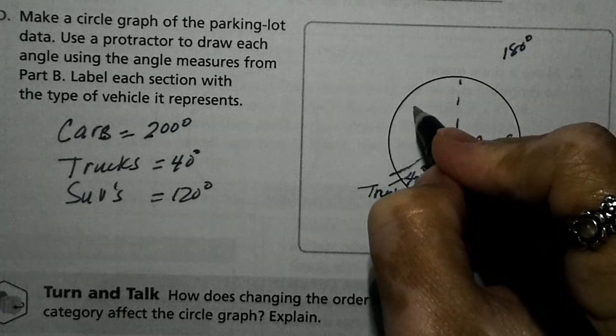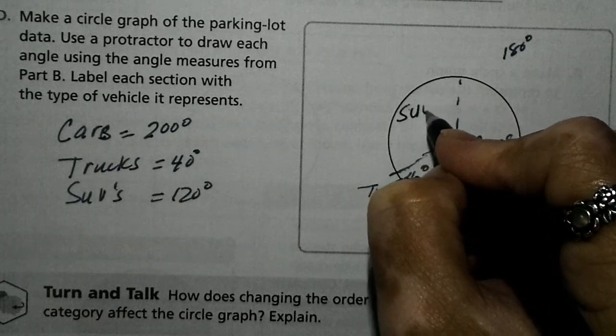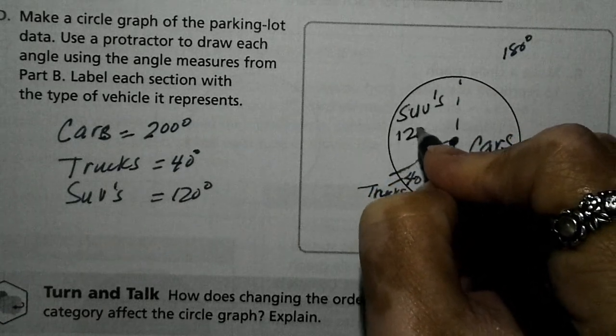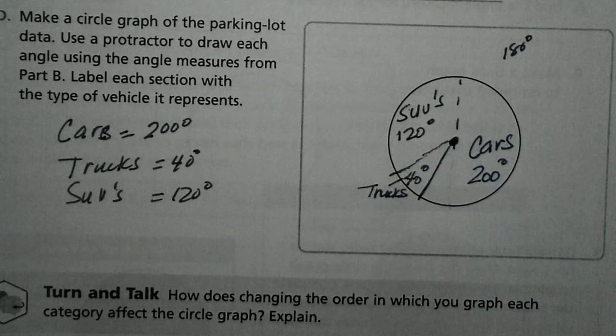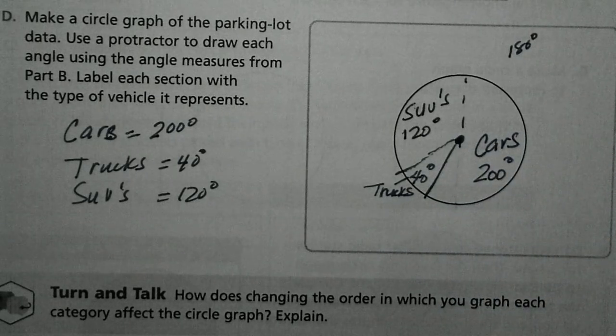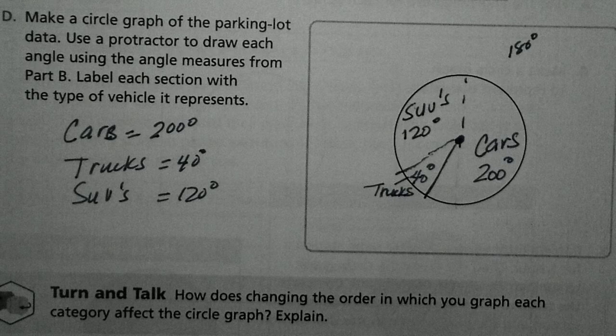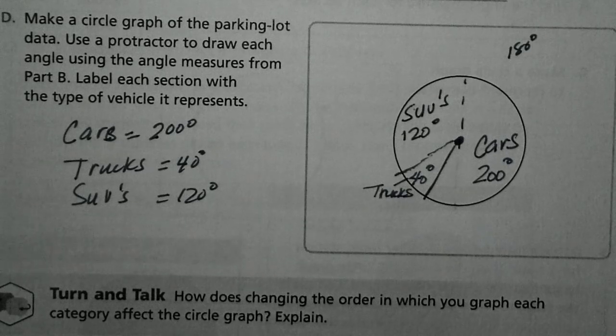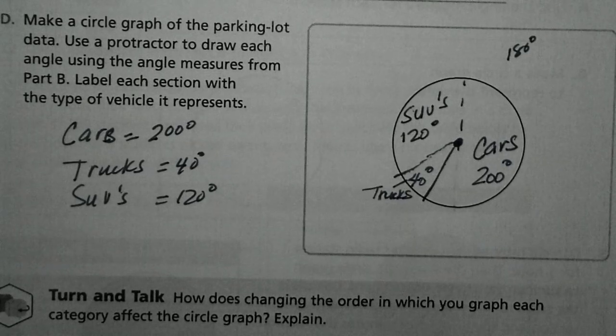And then what is left is going to be SUVs, which is 120. Okay? Is it exact? No. But will it suffice? It's okay. We don't have protractors, so it would suffice in my book.